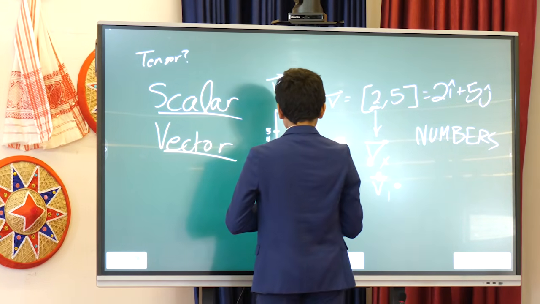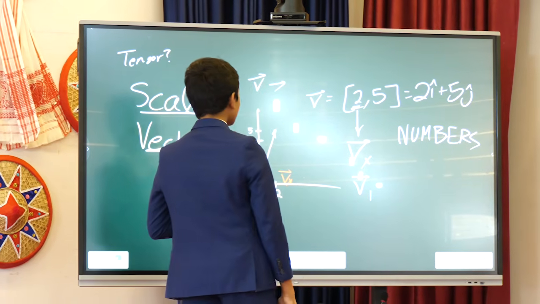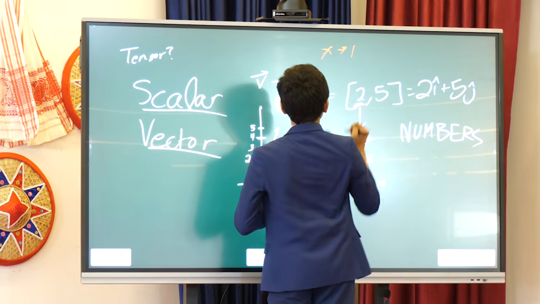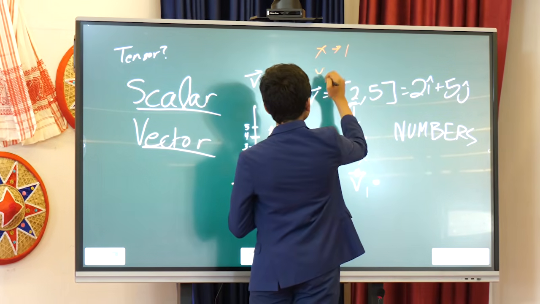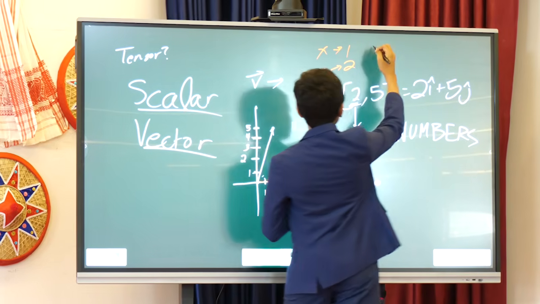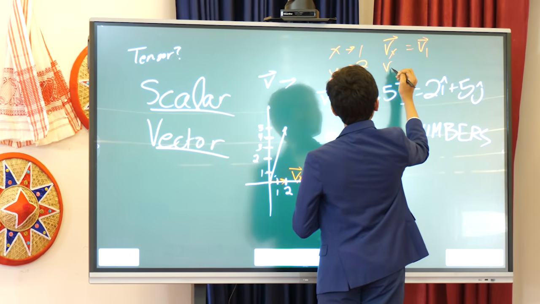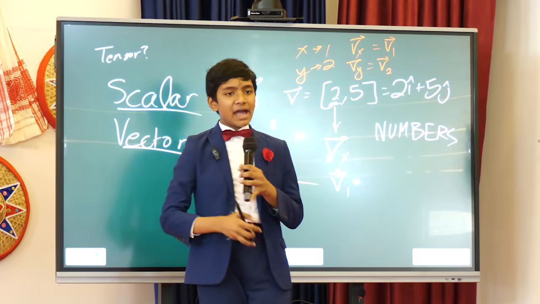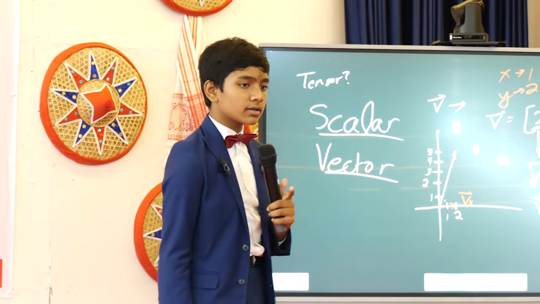Instead of using letters, which we all know run out super quickly, instead, we're going to use numbers. So, x is the first component. X is the first coordinate, so we're going to call it 1. And y is the second coordinate, so we're going to call it 2. So, Vx becomes V1, and Vy becomes V2. This is just so we can generalize it past the second and third dimension, into however many dimensions we want.